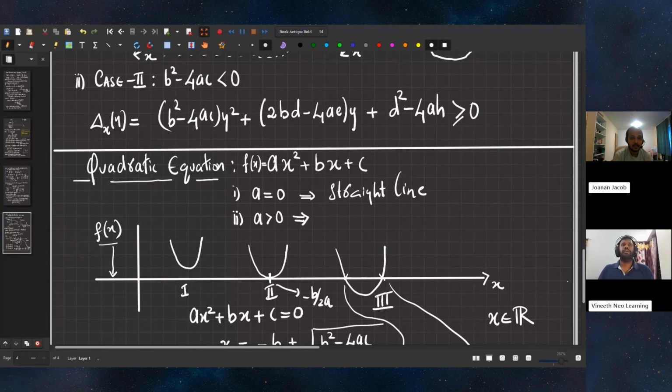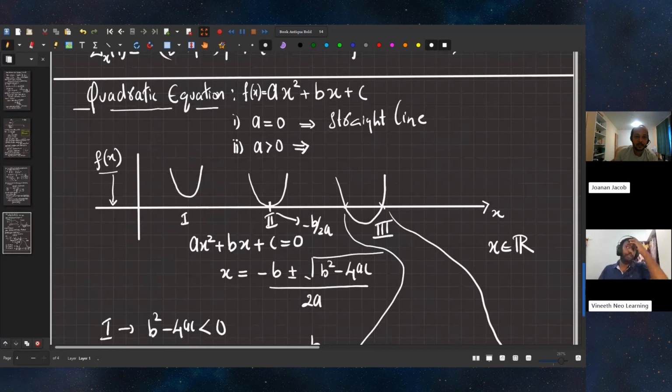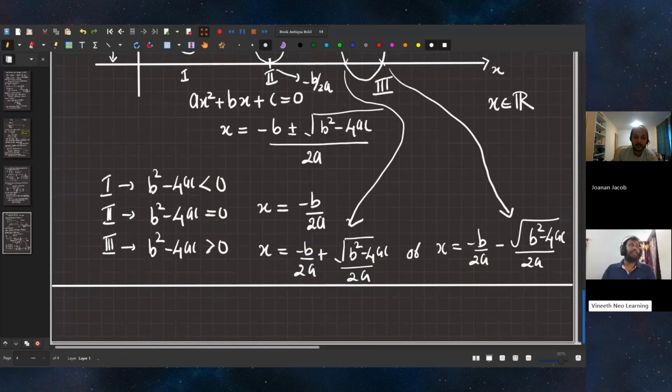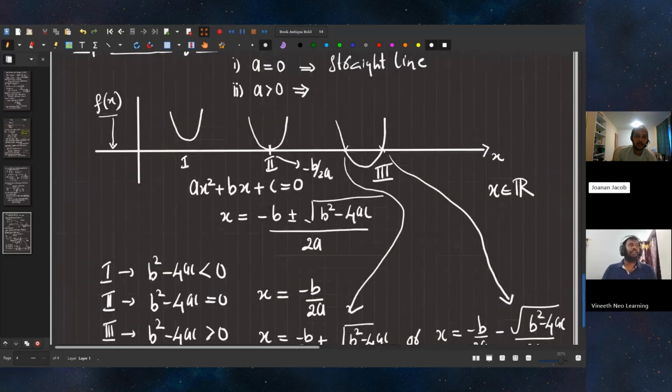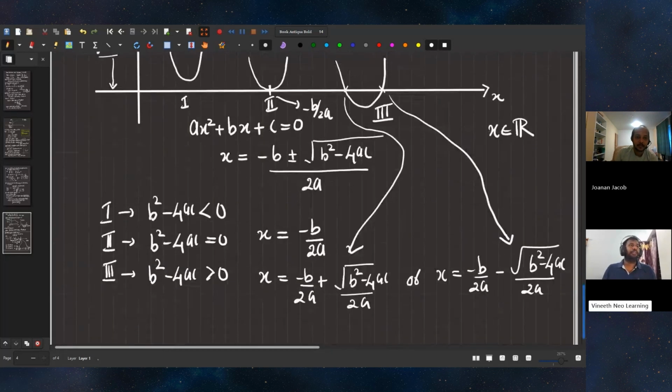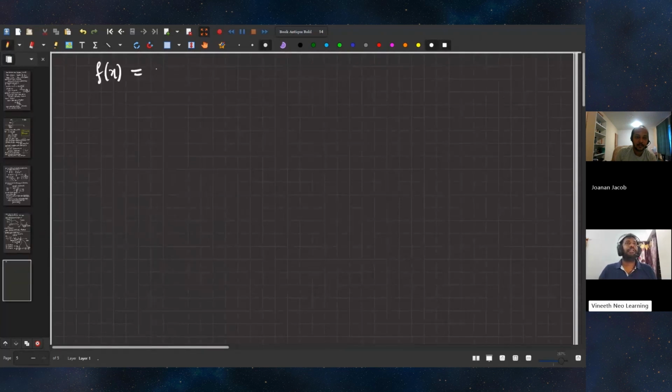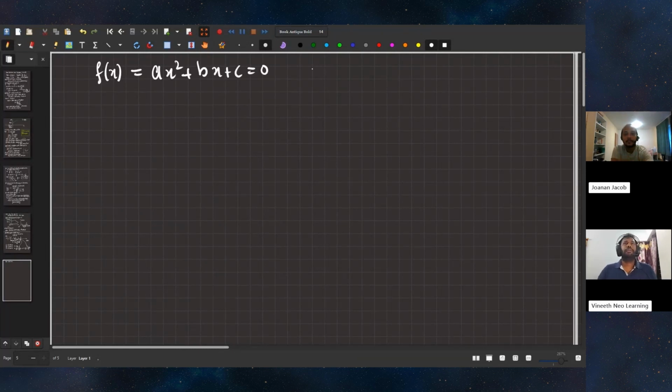We have only talked about the a greater than 0 situation. We also have to talk about the less than situation. What happens in the equation ax squared plus bx plus c equals 0 when a is less than 0?